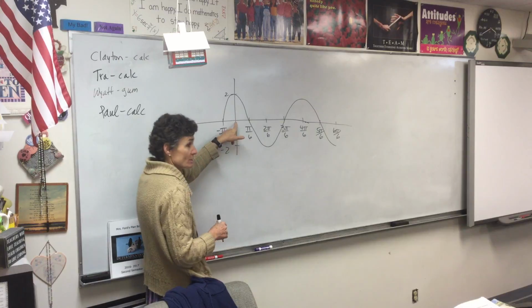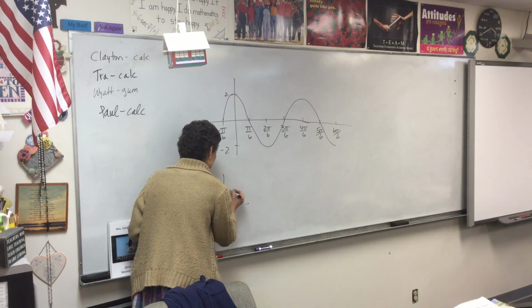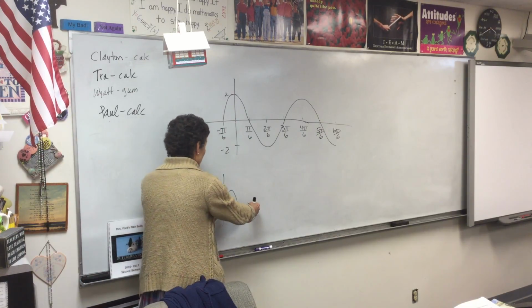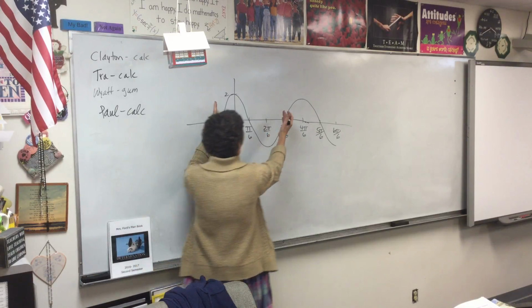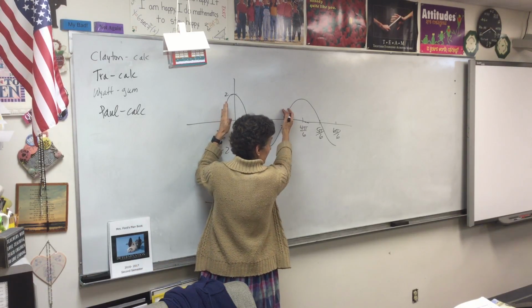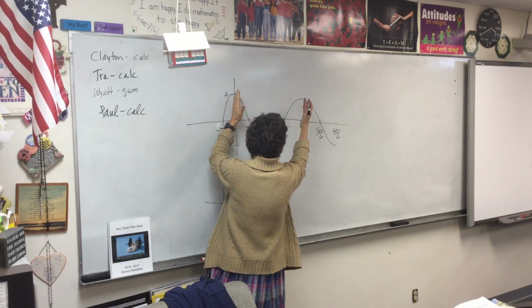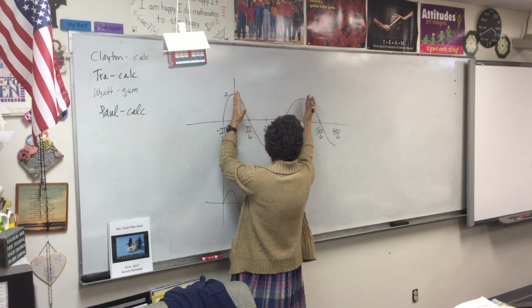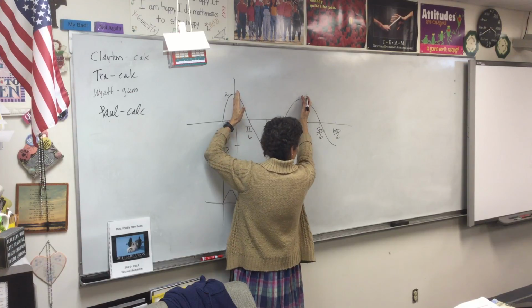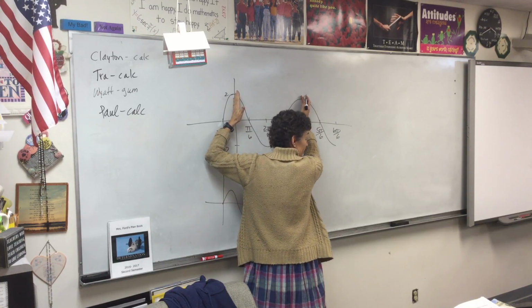Sine curves are supposed to start here and look like this. But if you picked that up and shifted it, wouldn't this be a sine curve if I look at that piece right there? But if I look at this piece right here, between my hands, that would be a cosine curve.